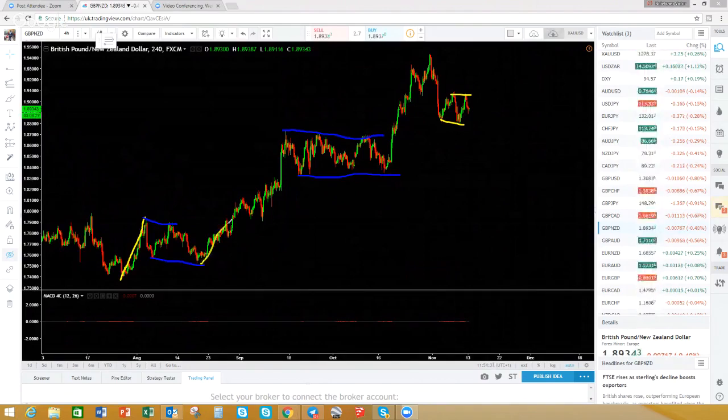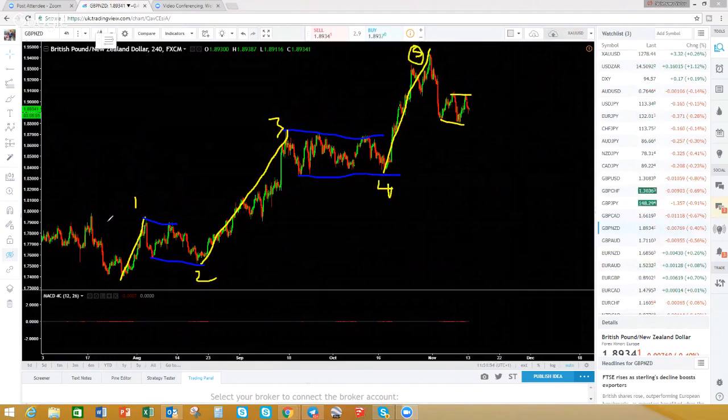The reason why I'm going to do this is to show a common mistake that most Elliott Wavers make when they trade. So here's one. So if you're going to label this one, you're going to label it like this. 1, 2, 3, 4, 5.